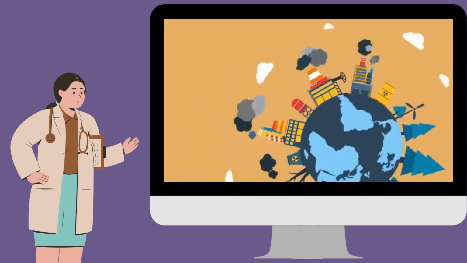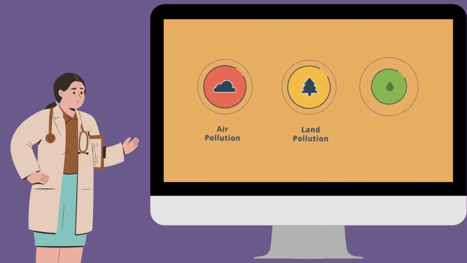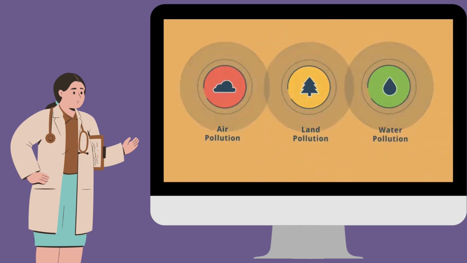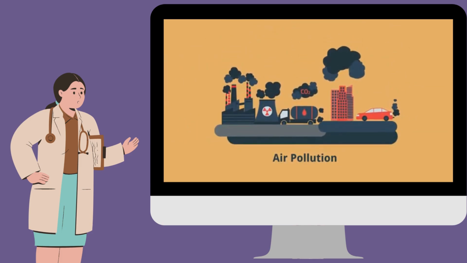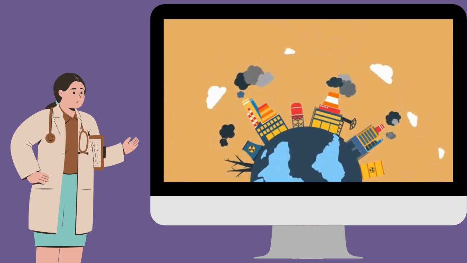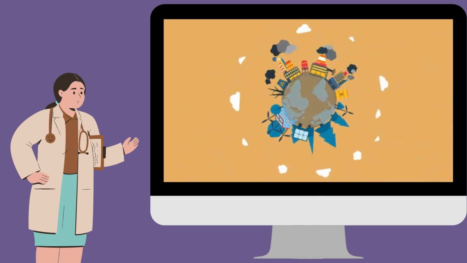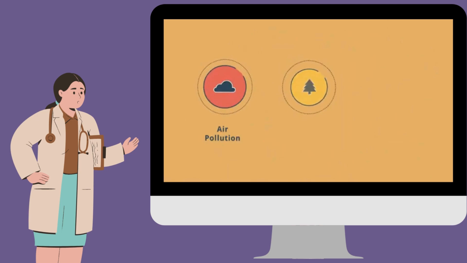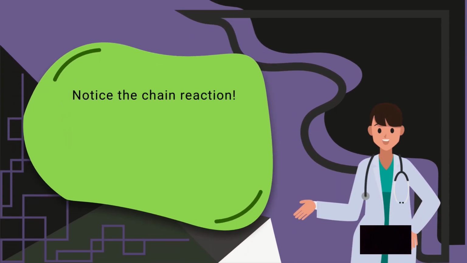As a direct result, biodiversity indices decline exponentially and climate regulation mechanisms are destabilized. If emission rates continue at current levels, the planet's homeostatic system will experience potentially irreversible damage. Notice the chain reaction.